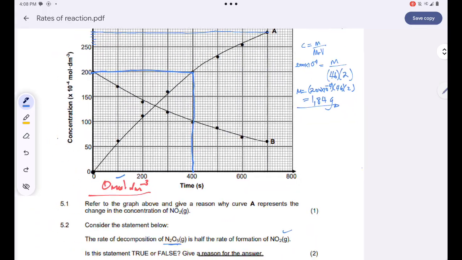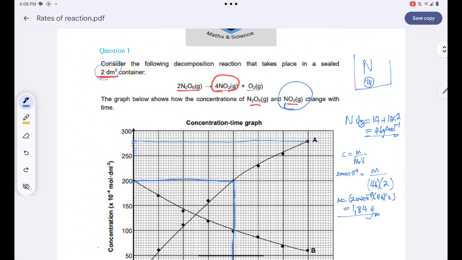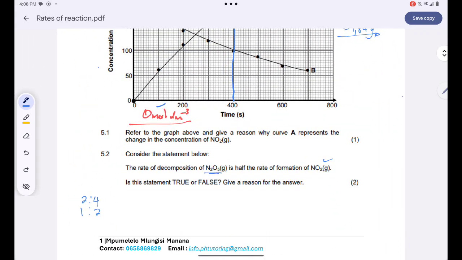Are you together? Remember that, guys, since you have stoichiometric coefficients, I know that for me to form 4 moles of nitrogen dioxide, I would have formed only 1 mole of oxygen.